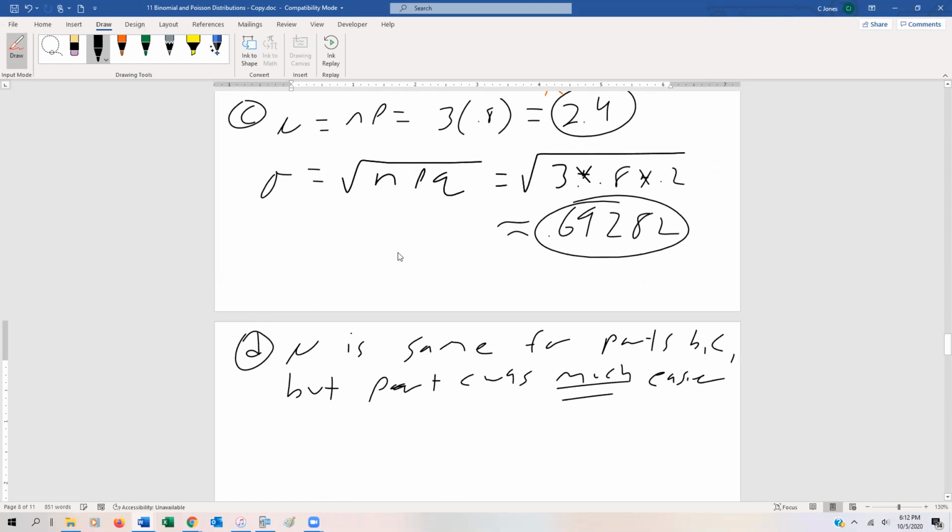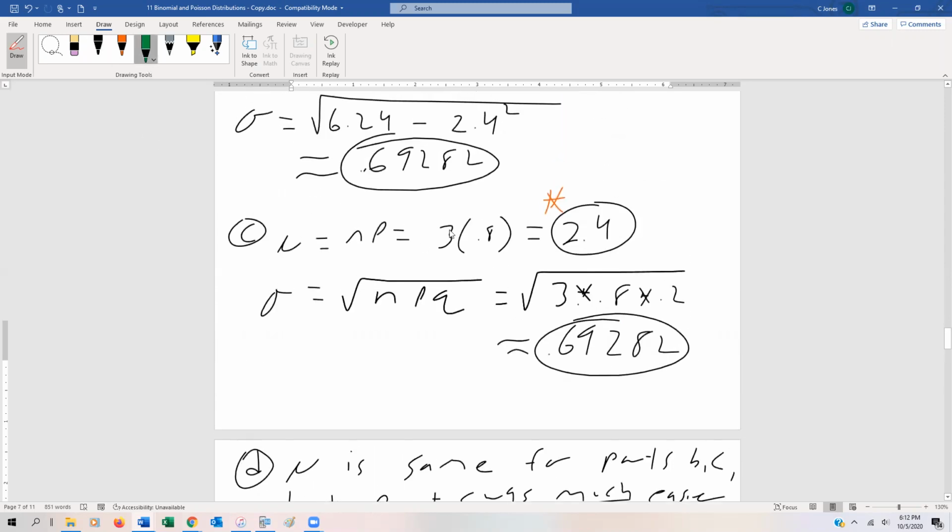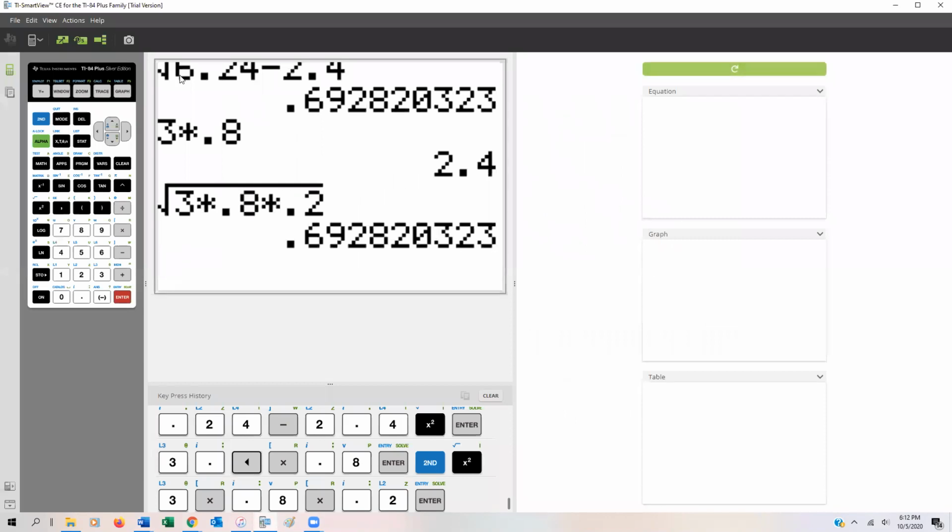All right, so what about part for sigma? Well, so we get 0.69282 right here, and up here we got 0.69282. These numbers are the same. In fact, if we go into our calculator, check this out.